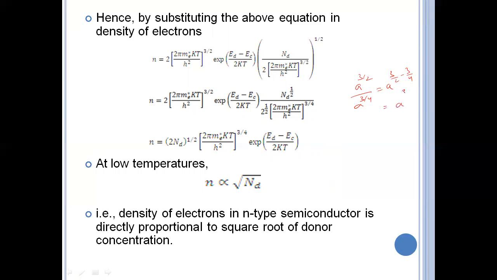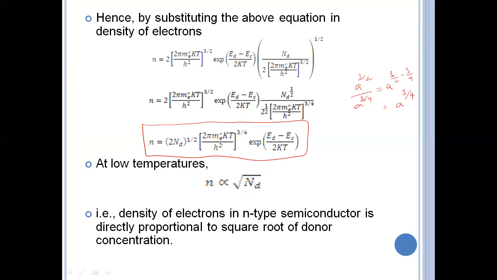So this is equal to a power 3 by 4. So the final expression for the carrier concentration of n-type extrinsic semiconductor will be n equal to 2 into Nd whole power 1 by 2, (2 pi m_e* kT by h square) power 3 by 4, exponential (Ed minus Ec) by 2kT.